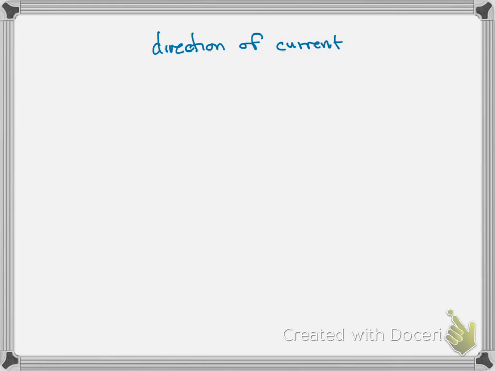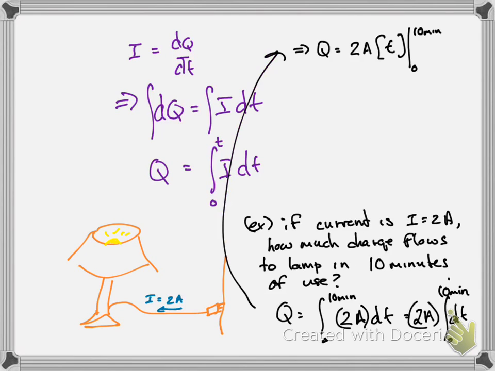And so we get, again carrying the units with me, 2 amps. A is not a variable in this. 2 amps times t evaluated from 10 minutes to 0. It really is just 2 amps times delta t, which is going to be 2 amps times 10 minutes.